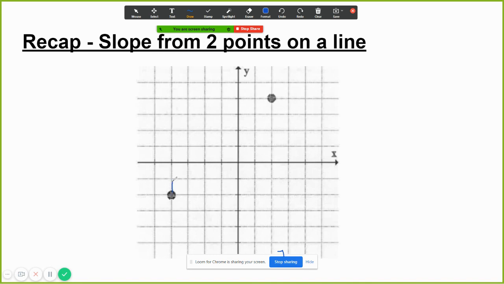So let's rise. 1, 2, 3, 4, 5, 6. We rise 6. And we're going to run 1, 2, 3, 4, 5, 6. We're also going to run 6. If we draw this line, we can see it's positive, and we know that 6 divided by 6 is 1. So our slope is 1.